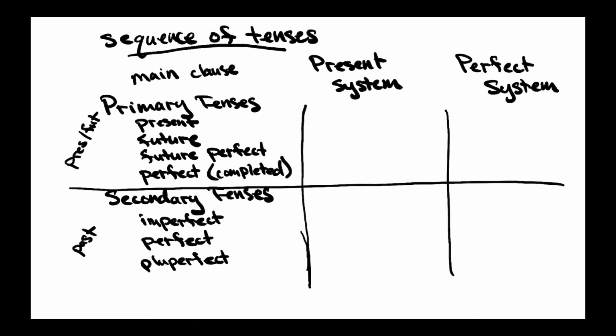If you want to show that the subordinate clause is happening at the same time or later than the main clause, and you're dealing with a primary tense verb in the main clause, you have to use a present subjunctive.